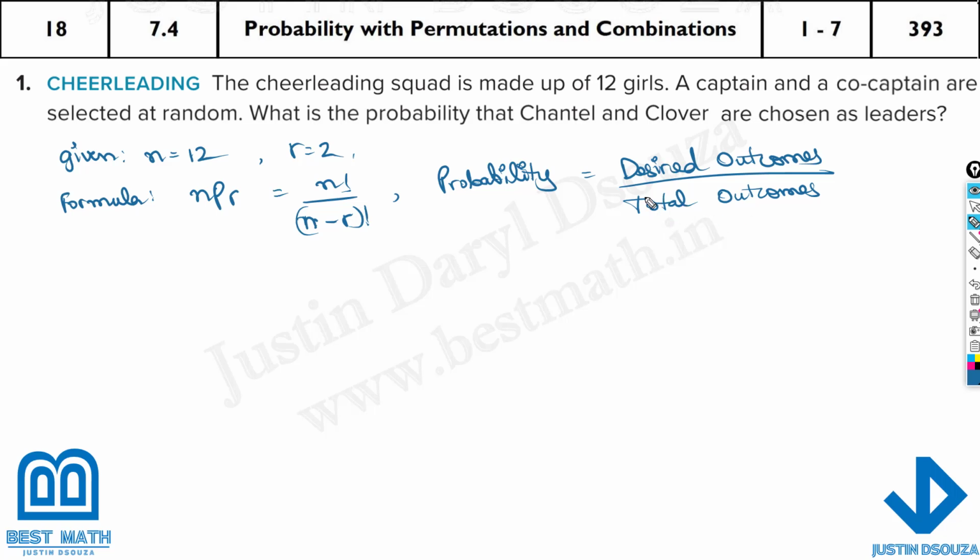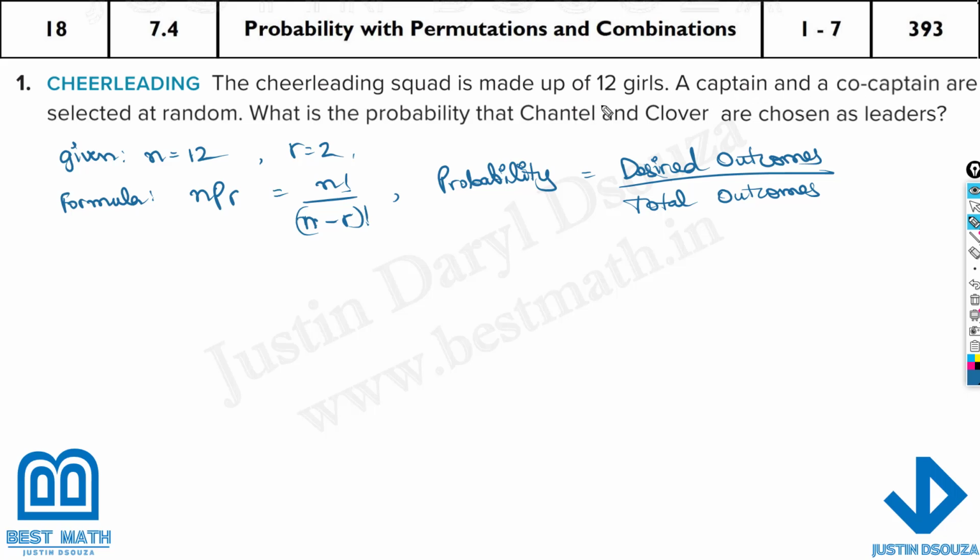Now let's see one by one. The desired outcome can be seen just by what they have asked. See the second part: what is the probability that Chantel and Clover are chosen as leaders? So desired is about these two becoming leaders. What are the positions? Captain and co-captain, right? See over here, it's clearly told captain and a co-captain. If Chantel is the captain, then Clover has to be co-captain, or Clover can be captain and Chantel will be the co-captain.